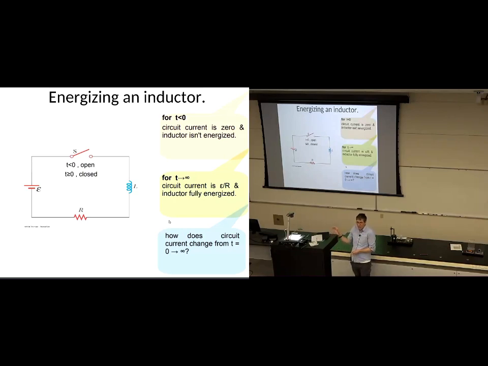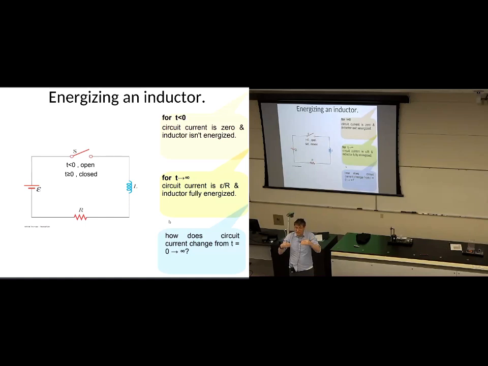The question here is, how do we get from there being no current in the circuit, no flux through the inductor, no field in the inductor, to the final current through the circuit, the final flux and final field through the inductor? We don't get there instantaneously. It doesn't take zero time.